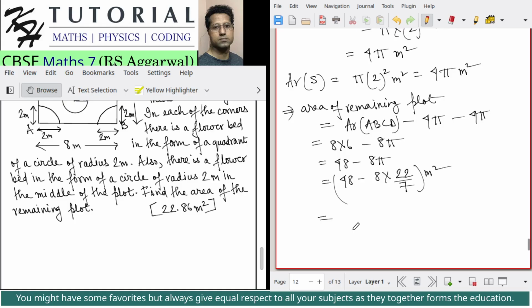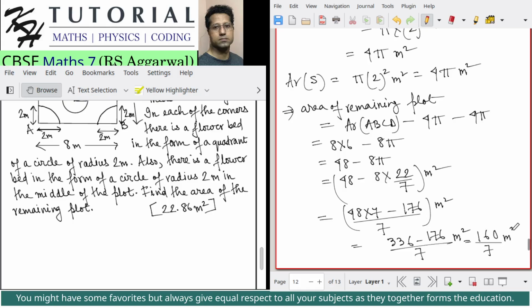So this is 48 multiplied by 7 minus 22 multiplied by 8, which is 176, over 7 meter square. 48 multiplied by 7 is 336. 336 minus 176 by 7 meter square, which is equal to 160 by 7 meter square.